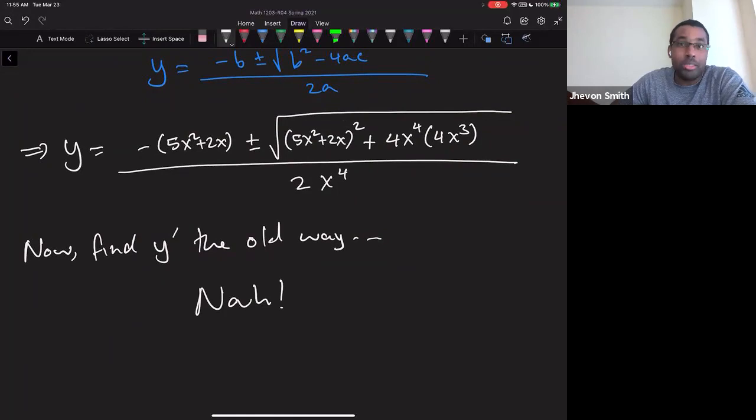Why aren't you going to do it? I'm not going to do that, Jhevon. That's how you would respond to that question. I gave you that guy and said, yo, solve for y. Why would I solve for y? And why would I find y prime from this? Quotient rule with some crazy chain rule. I mean, it doesn't look pretty, right?